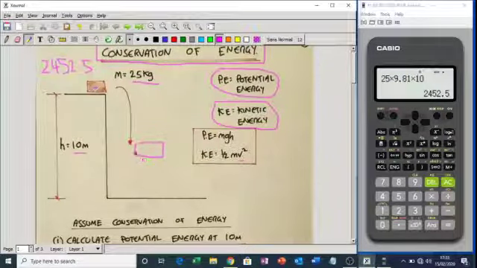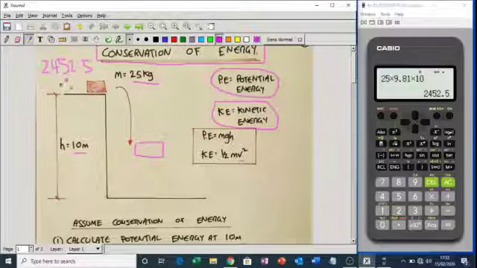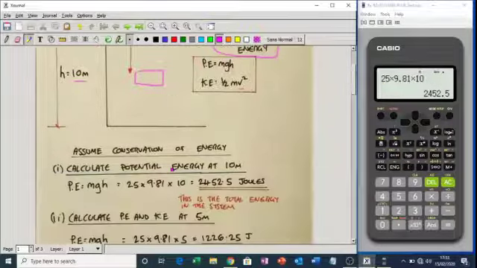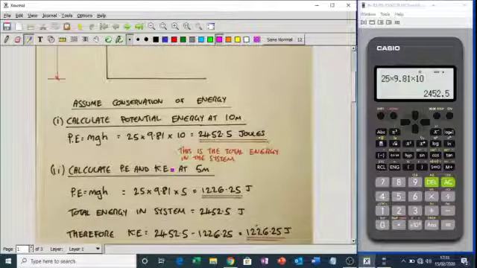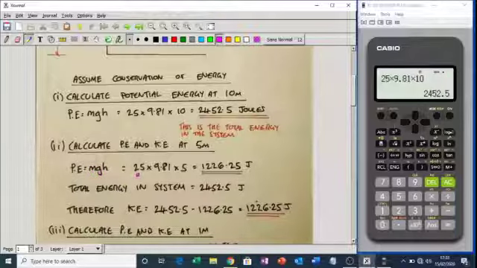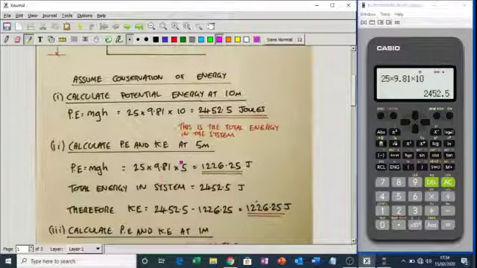An easy way of doing it is, it's halfway down, so if we divide 2452.5 by 2, we'll get the potential energy, and we'll also get the kinetic energy. But we can do it by formula. PE is mgh, mass, gravity, height. The mass hasn't changed, neither has gravity, we haven't moved to the moon, and the height now is 5.